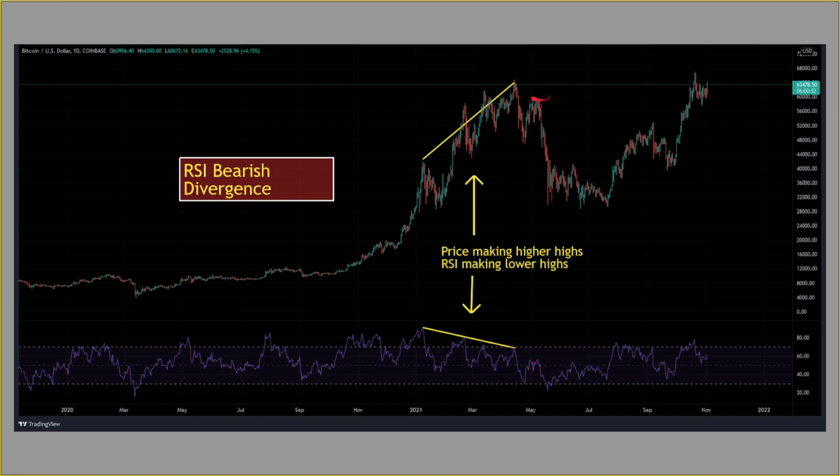Now, at the same time that it bounced back up to the 50, it failed to meaningfully progress back to 70 like it did many other times and continue this trend of lower RSIs. It also failed to produce a higher high. So this is multiple areas of confluence, multiple areas of evidence that there's a significant market reversal underway.